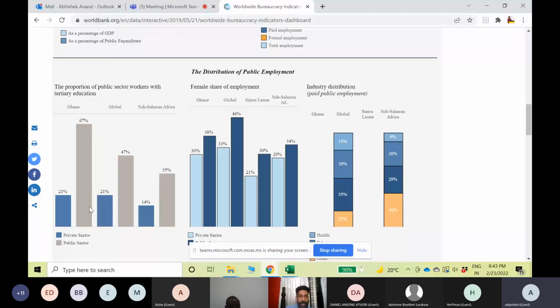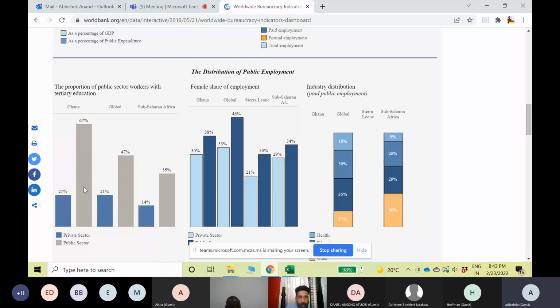And if you look at private sector, it is pretty similar to the global average and better than sub-Saharan Africa. So the education level of the workers who are employed in Ghana is certainly better than sub-Saharan Africa in private sector, and also pretty similar to the global average. But the real difference that you see here is in the public sector.